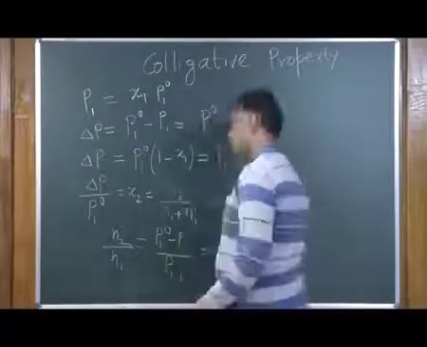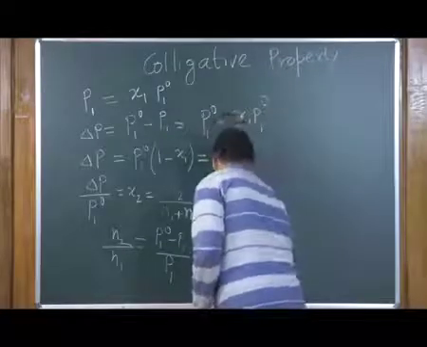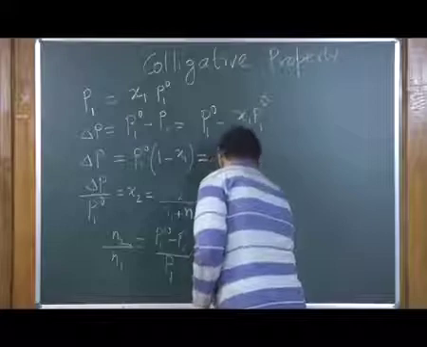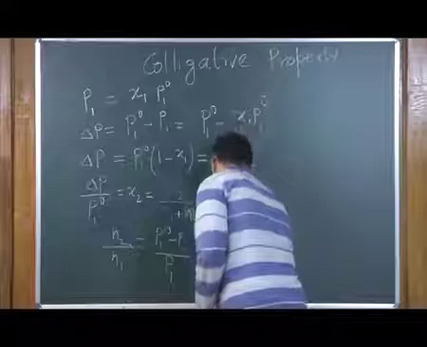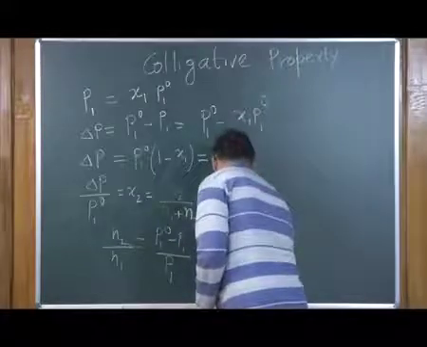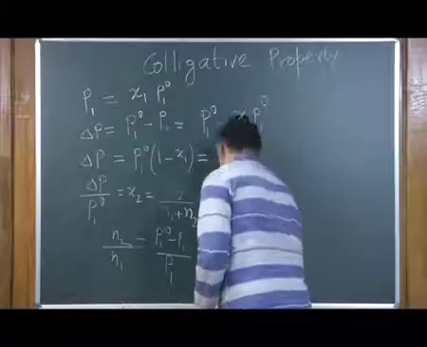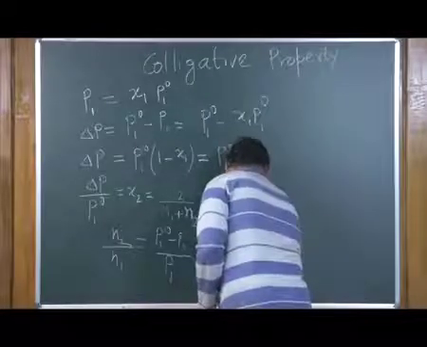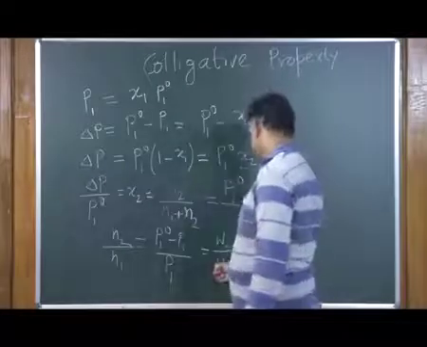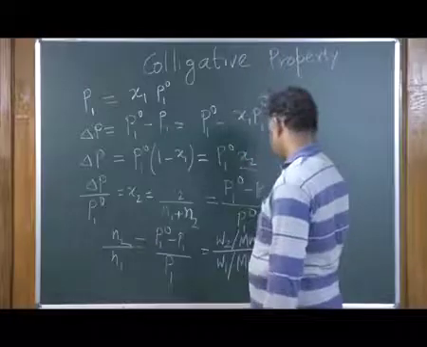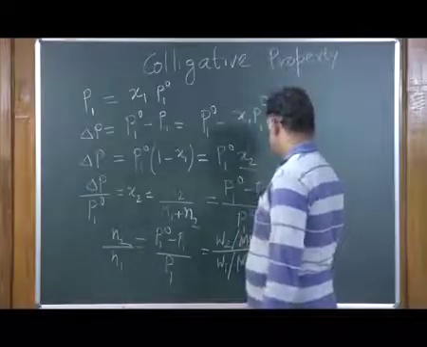N2 is the number of moles of solute, so this is defined as the weight of solute divided by molecular weight of solute, divided by the weight of solvent present in the solution divided by molecular weight of solvent. We already know the weight of solvent, and we can use this information to calculate the molecular weight of solute.